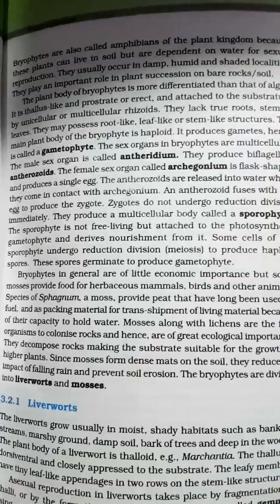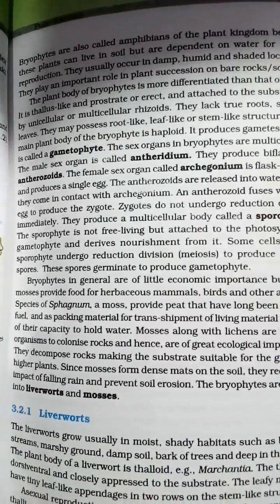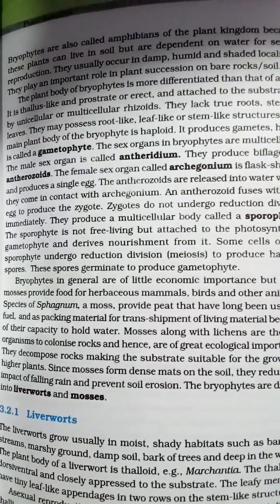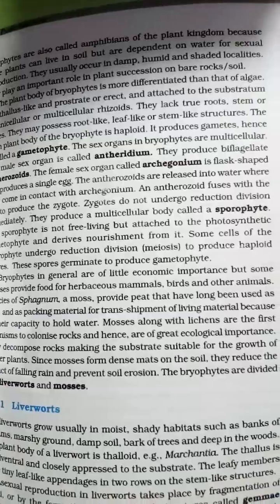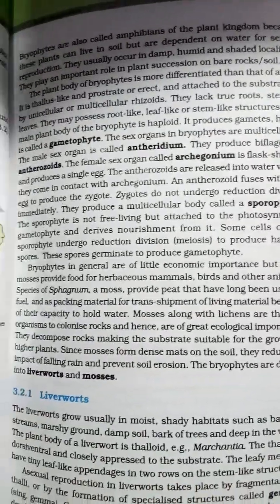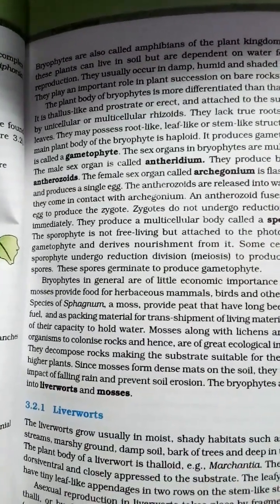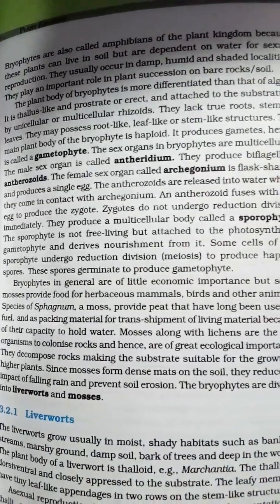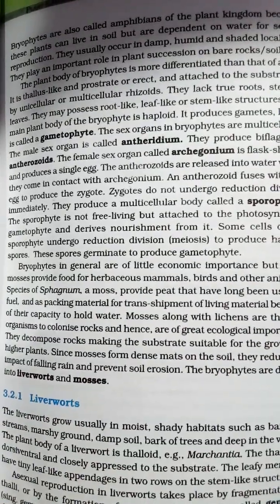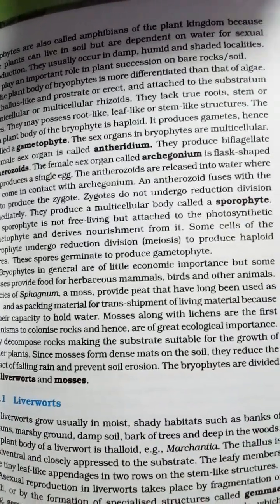When we discuss the bryophyte plant body, it is a thallus, prostrate or erect and attached to the substratum by unicellular or multicellular rhizoids that lack true roots, stem or leaves. They may possess root-like, leaf-like or stem-like structures.